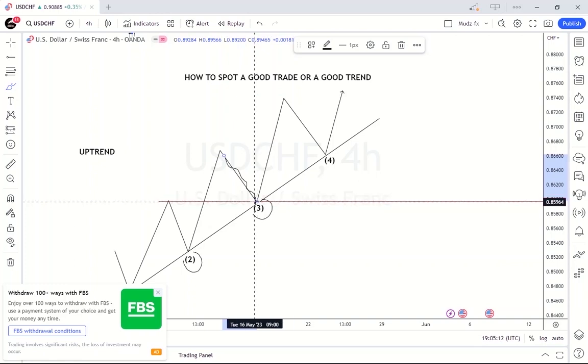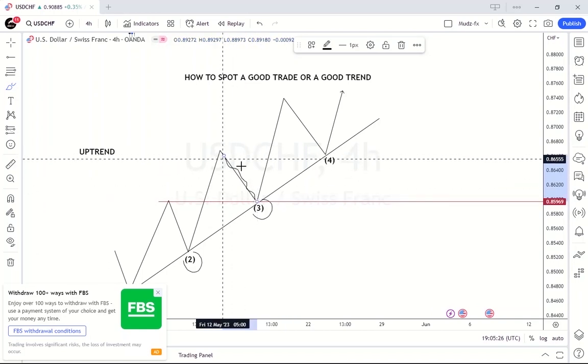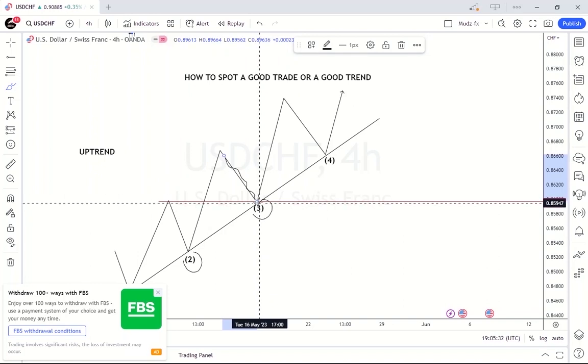So from here, we have to wait for our confirmation candlestick, whichever one shows that the market has changed its direction from a corrective wave moving to the downside, to an impulse move going to the upside, because it's an uptrend.